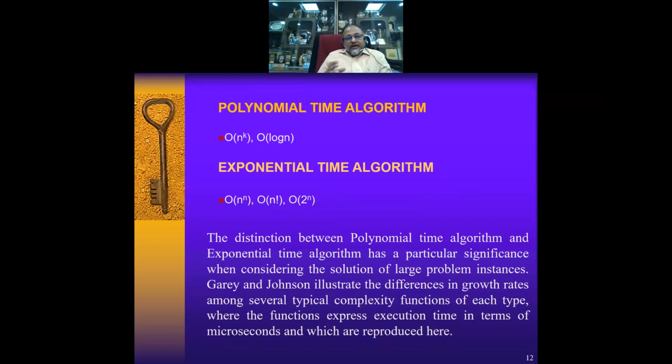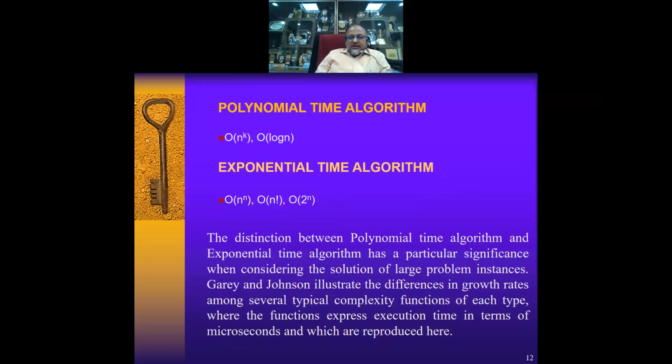What is n? N is the number of nodes, as we have already told. And what is k? K is a small integer compared to n, it should be less than n. So this is called a polynomial time algorithm.